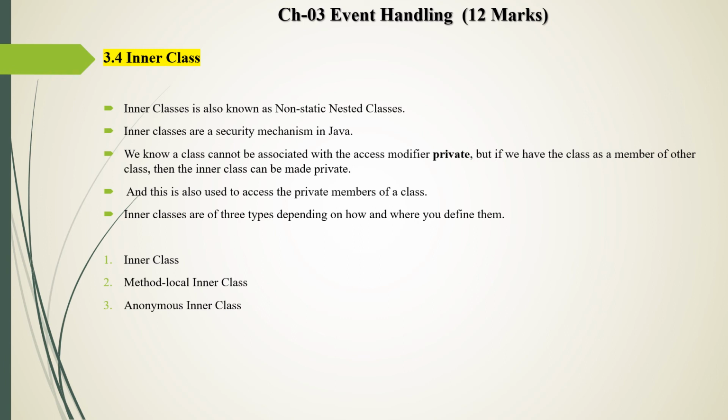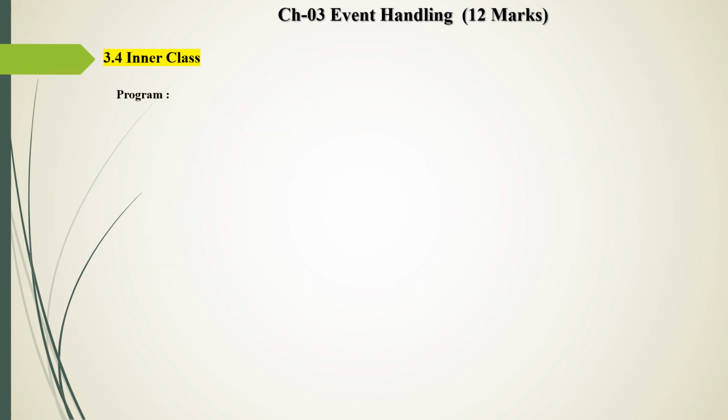Simply, if I define one class ABC and inside it we define another class, that class is called an inner class. And when you define the class in a method, that time it is called a method local inner class. So these are the inner classes, and a simple example of the inner class is displayed here.